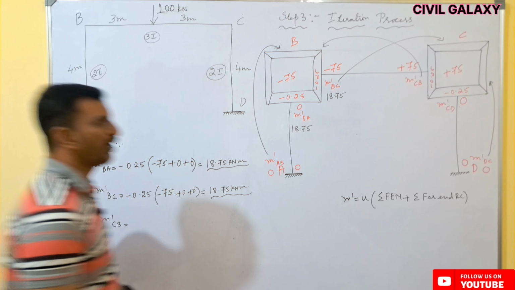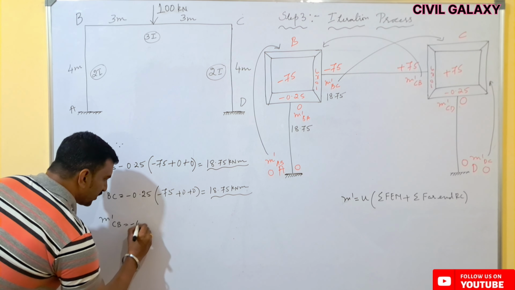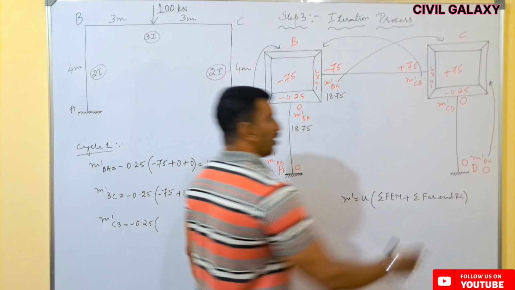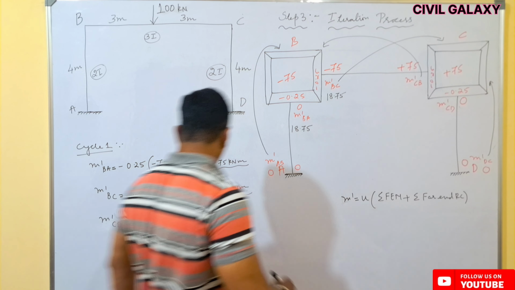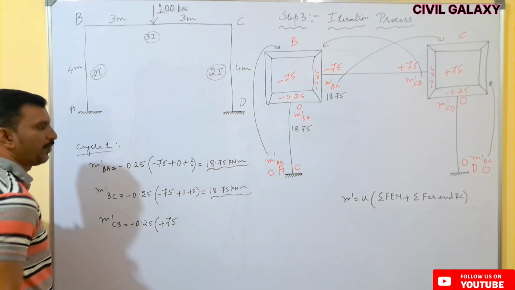See here, the rotation factor here is how much? Minus 0.25. So minus 0.25 into summation of fixed end moment. Here the summation of fixed end moment we have got, which is plus 75.